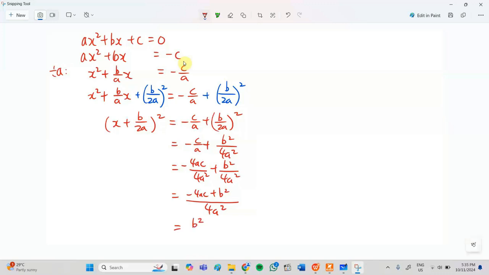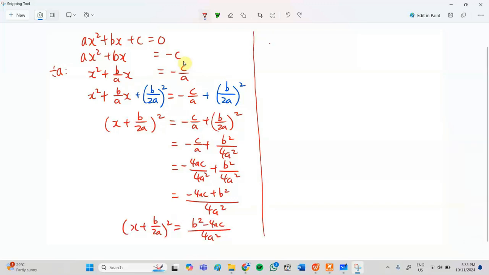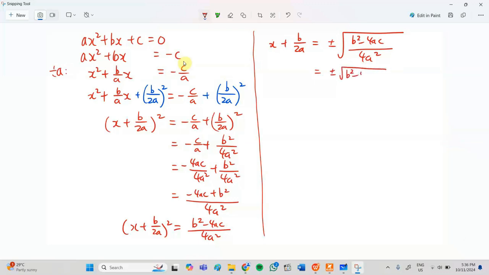Next, I'll rearrange this. For the next step, we are going to move the square to the other side. Hence, it becomes the square root. Since 4 and a squared can be simplified by the surd, we can write this as plus minus square root of b squared minus 4ac over 2a.